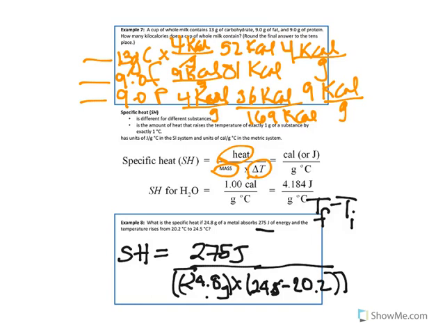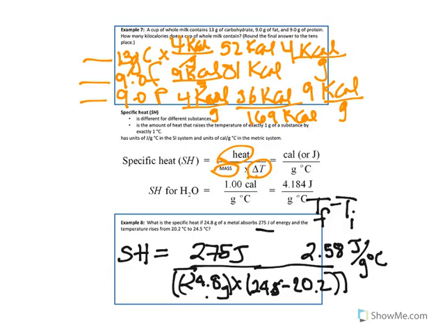Okay, 24.8 times parentheses 24.5 minus 20.2, close parentheses, and I get a specific heat of 2.58 joules per gram per degree Celsius.